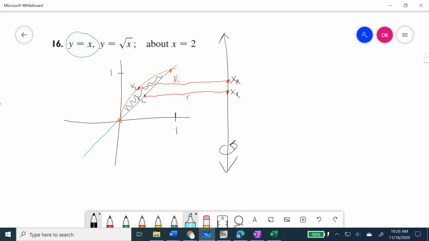And that means this is a dy integral. And then the y values are 0 and this one. And then I go through again the formula pi times outer radius squared minus pi times inner radius squared.